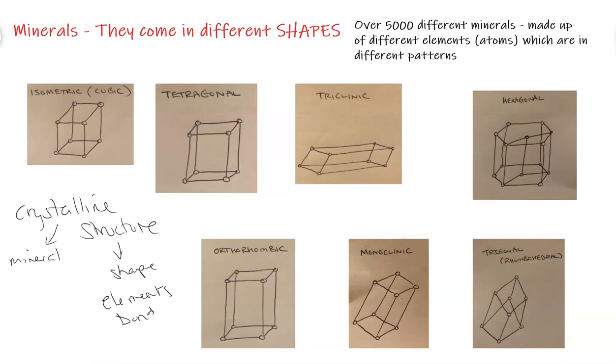And when they bond, they form different shapes and different structures. So the 7 main shapes are listed here, from isometric or cubic, which is the most common, to the cool ones like hexagonal, triclinic, tetragonal, orthorhombic, monoclinic, and over here the trigonal or rhombohedral, which is cool.